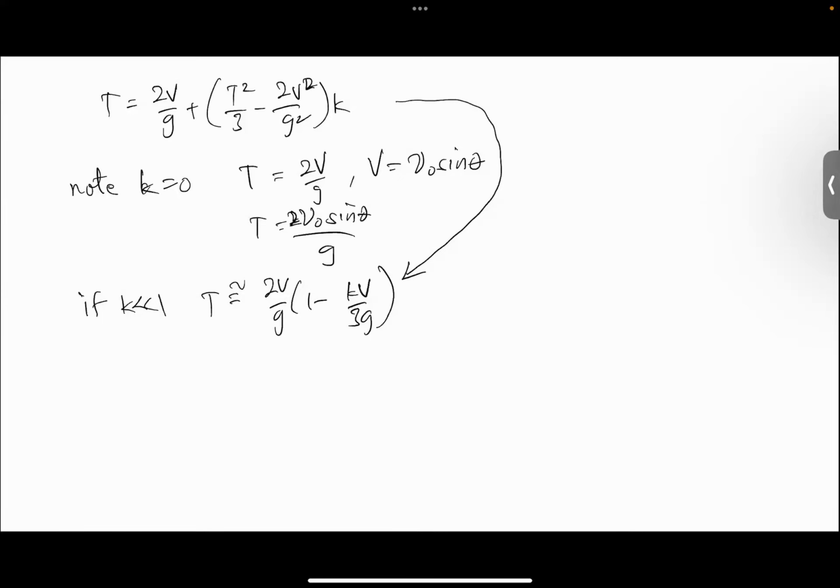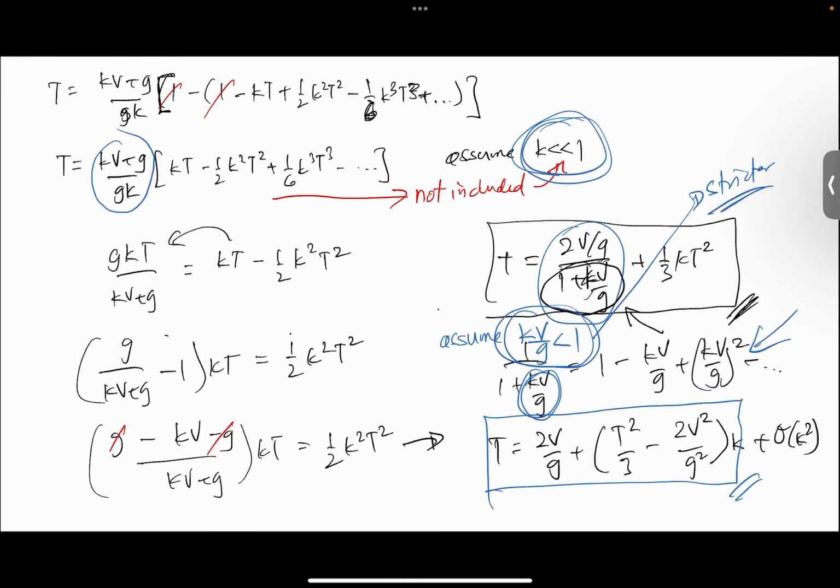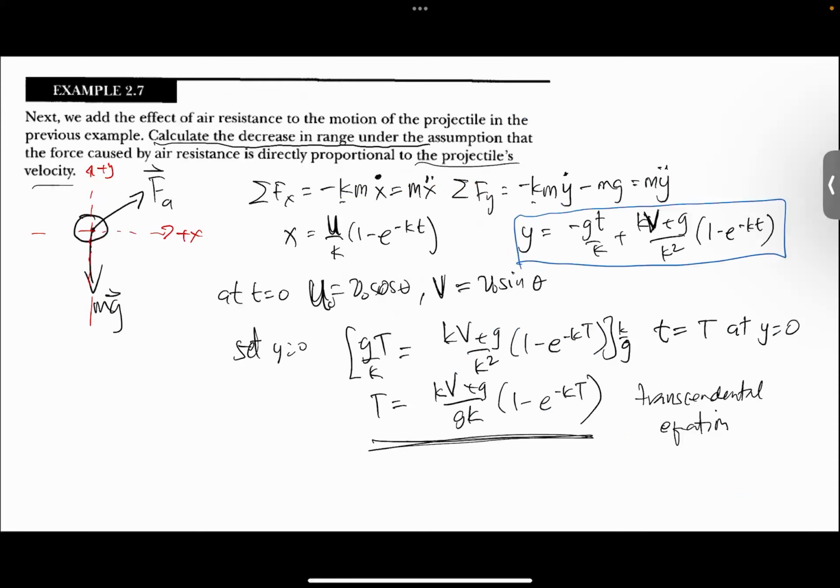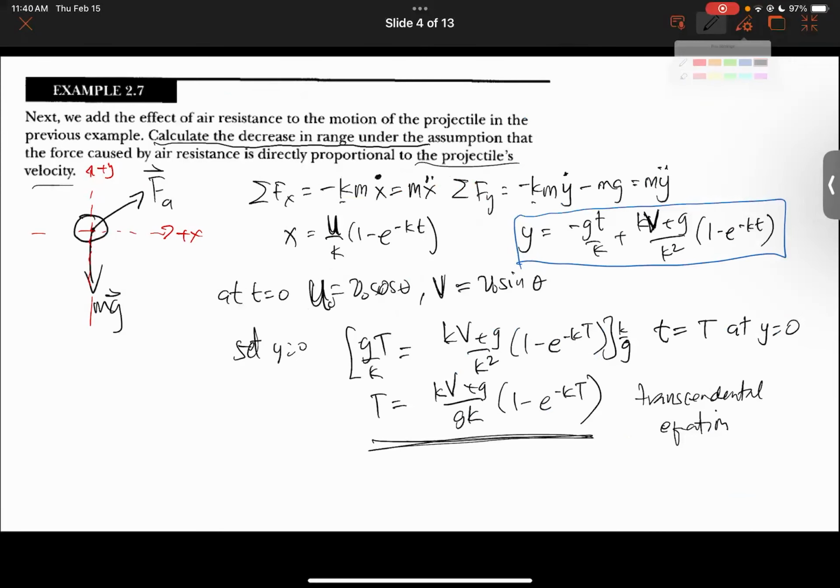Once we have that expression, we can now go to our expression for x to solve for the range. And the expression for x is this.